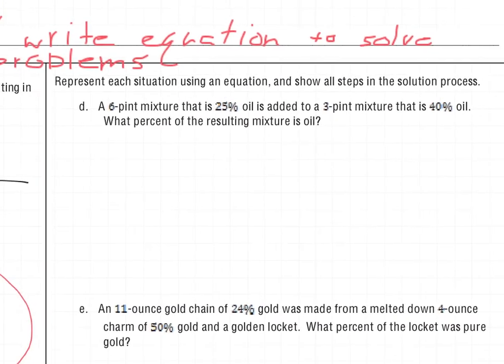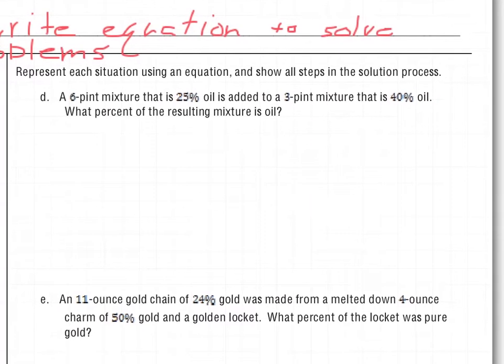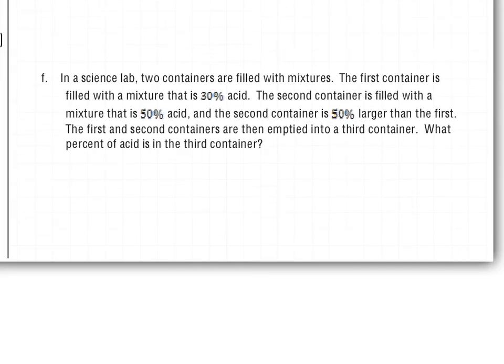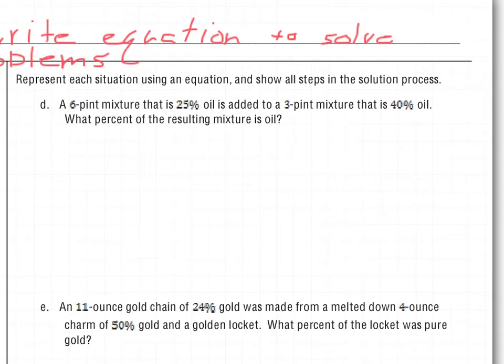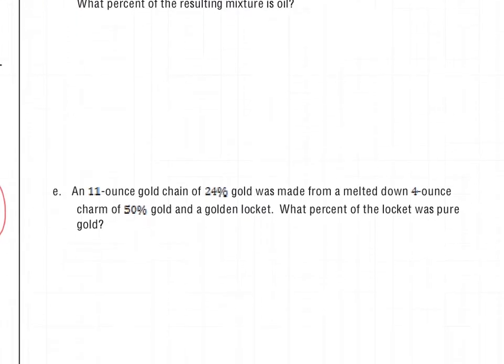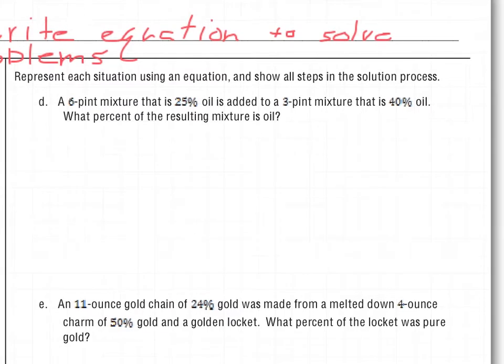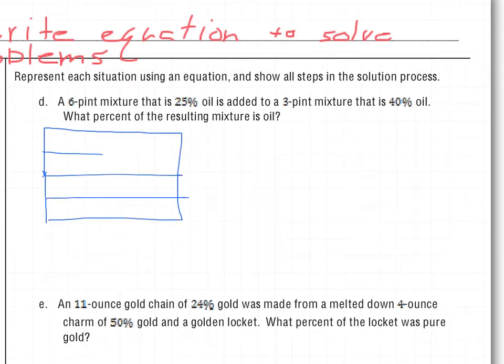All right, so it says represent each situation using equations, show all steps. So we're going to make a table for each of these particular problems, and hopefully you should be able to do that on your own at this point. Note that if it only gives you one part of the mixture, you'll just call the other part other. So just looking at this first one as I set up my table, this first one, mixture is 25% oil.